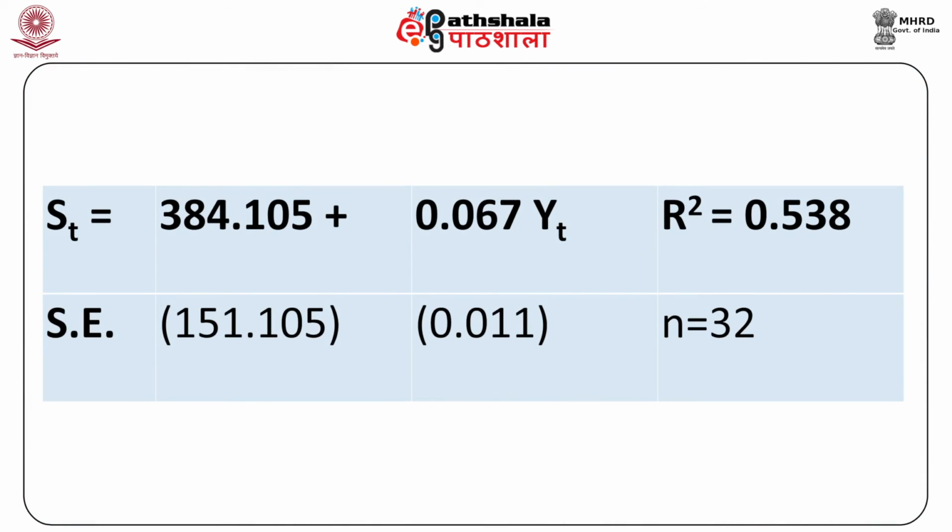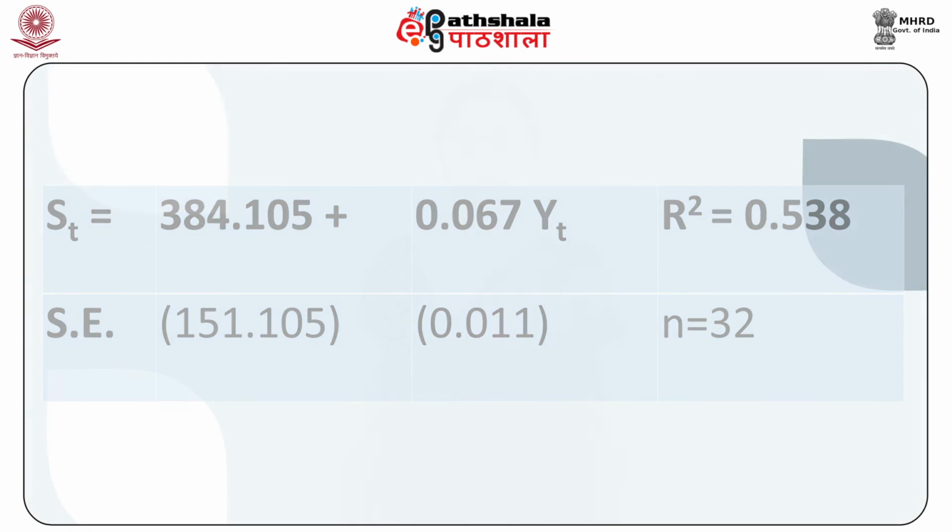Continuing with this example of the savings income model, where St is equal to 384.105 plus 0.067 Yt, R square is equal to 0.538, SE 151.105, 0.011, and n is equal to 32.